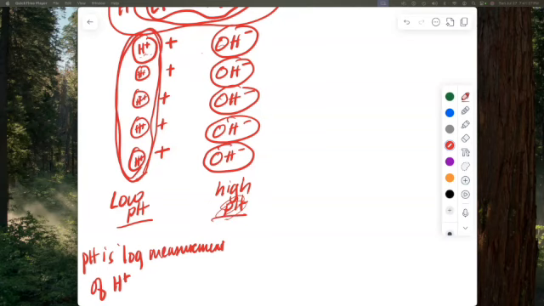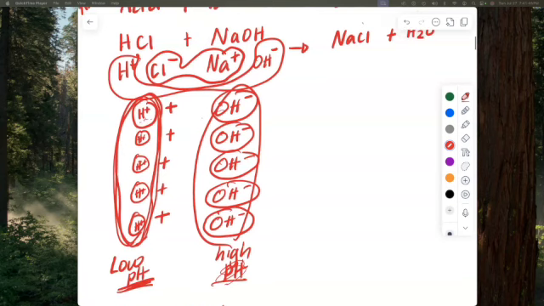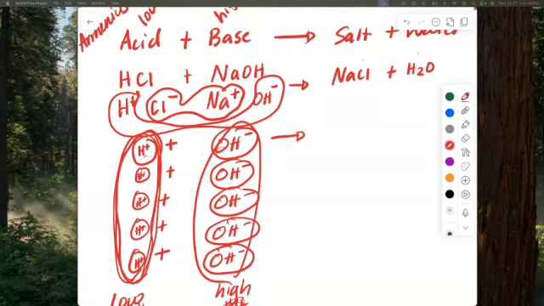So even though this is what we're measuring, the actual calculation being done to produce a number for us involves log. That's all it's saying, okay? So when you have many hydrogen ions, you end up with a low pH. When you have many hydroxide ions, you end up with a higher pH. Does that make sense?